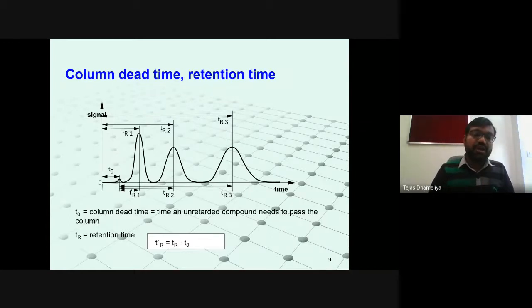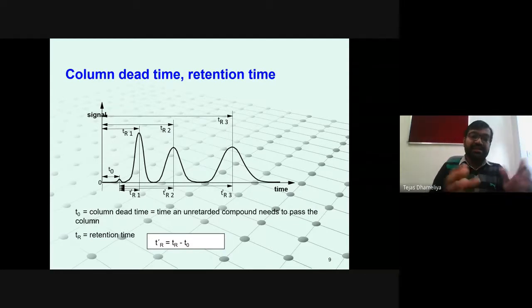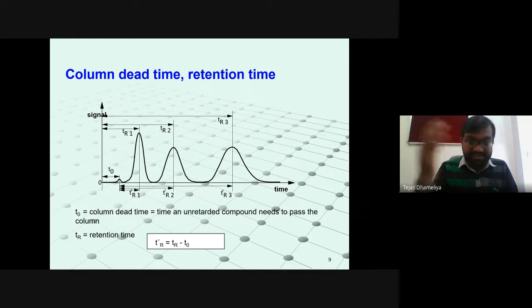That is called the dead time, and the volume which is there in the pipeline is called the dead volume. This is also applicable to HPLC, where the dead volume or dead time may be in some microminutes or seconds as well.